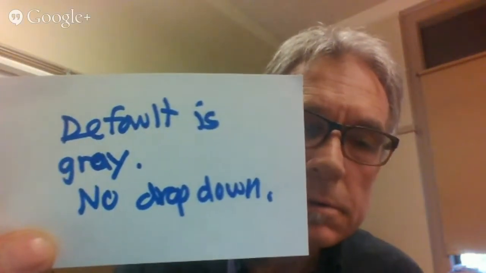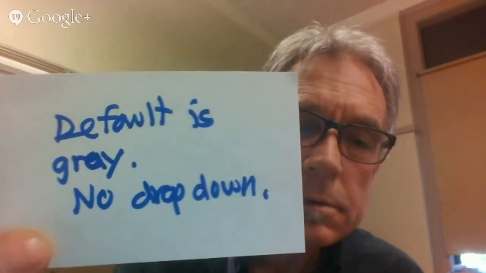Oh, default is gray, no drop-down. So I wonder if it's grayed out, something's wrong with your microphone. Because you can hear me, but I just can't hear you.